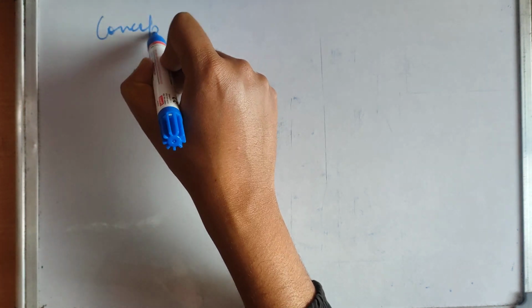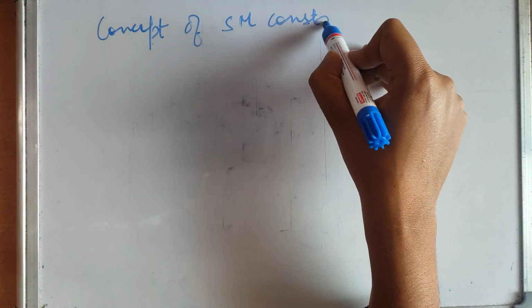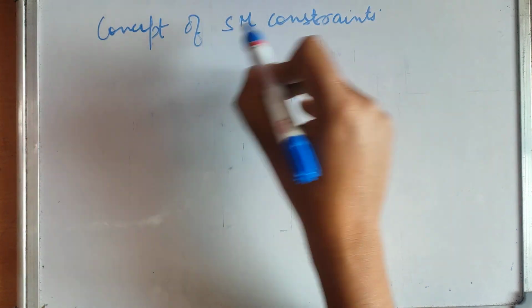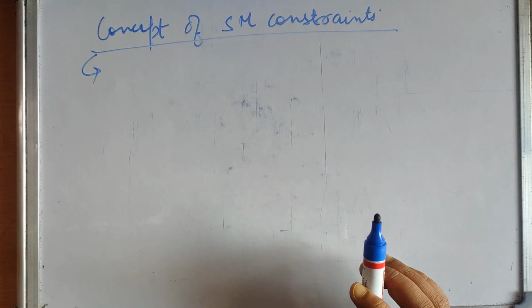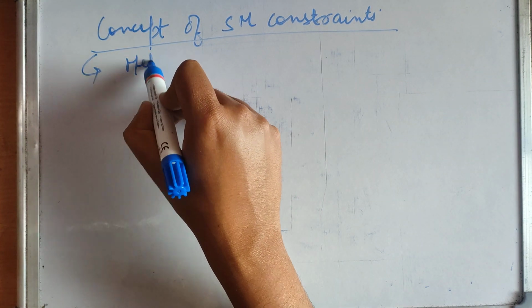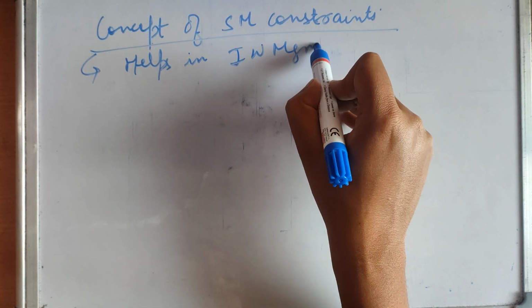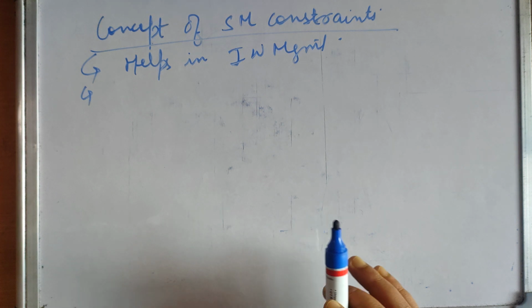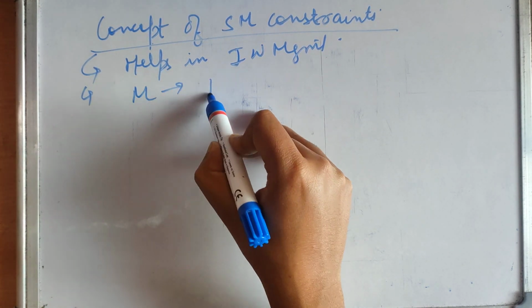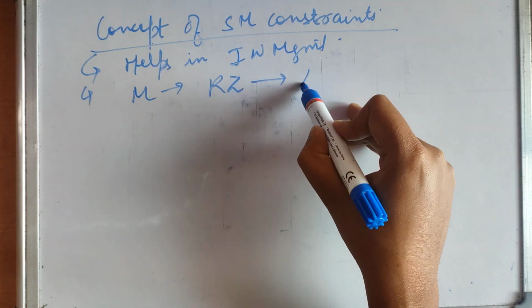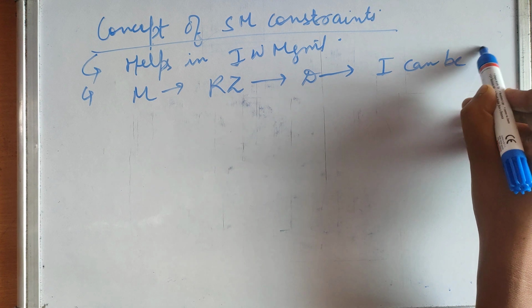The soil moisture constraint helps in irrigation water management. When the moisture in the root zone of soil starts depleting, irrigation can be scheduled.